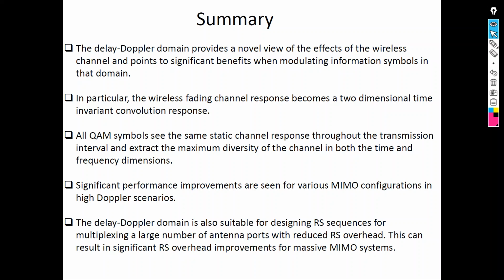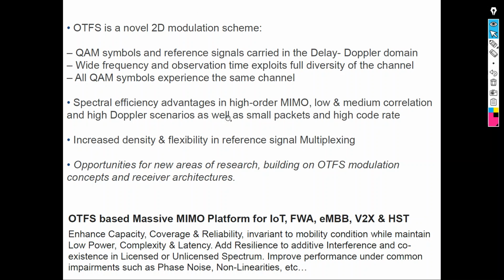Since the channel representation is compact and there is inherently sparse behavior in the channel, the number of parameters you need to estimate is less, and therefore the estimation process is less complex and doesn't consume too many resources. This can result in significant RS overhead improvements for massive MIMO systems.